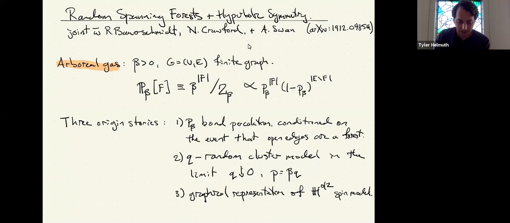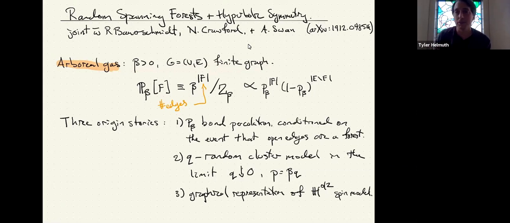You take some finite graph, G, vertices and edges, V and E, and you take some parameter beta, which is going to control how many edges are present. And you take this very simple thing that you declare the probability of some forest F to be proportional to beta to the number of edges contained in the forest. So this size of F is the number of edges.